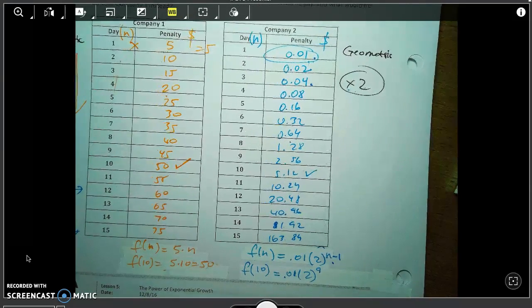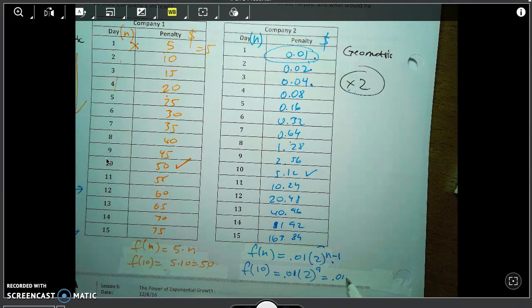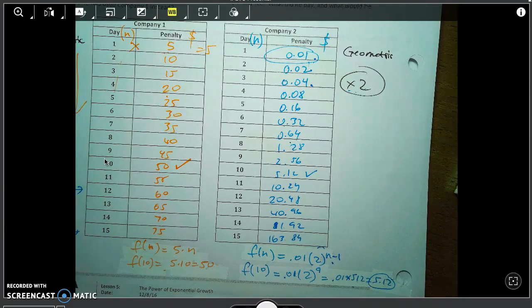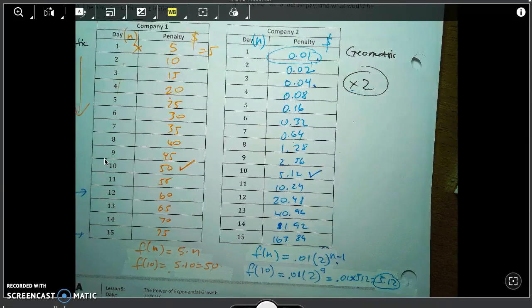You can use the calculator and find out that 2 to the 9th power is basically 512. So we're going to have 0.01 times 512, which is $5.12. And that's what I had up here.